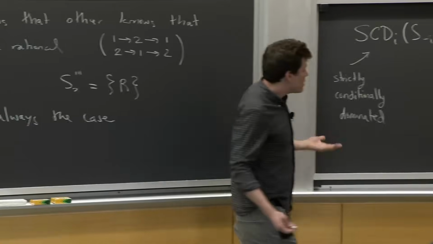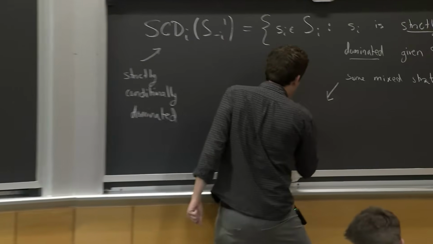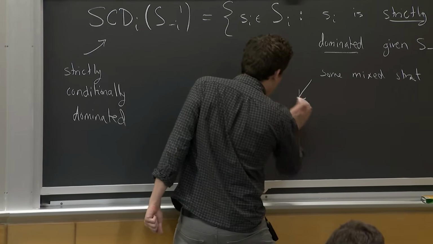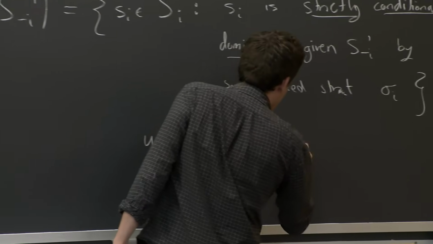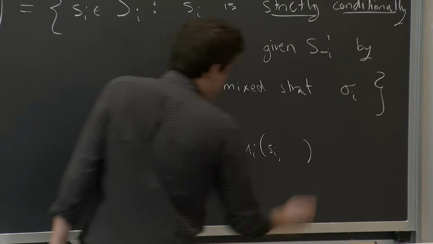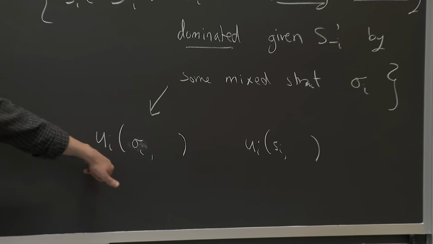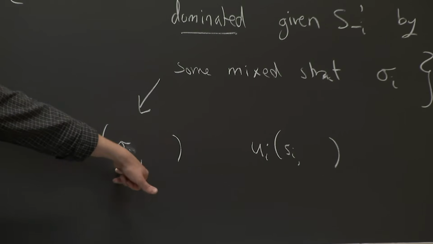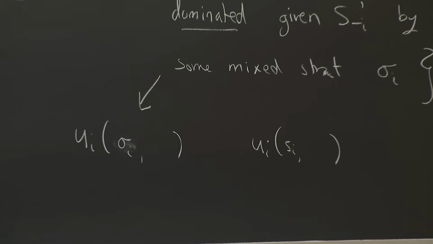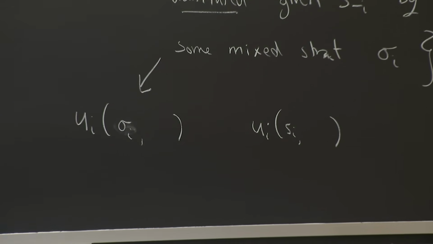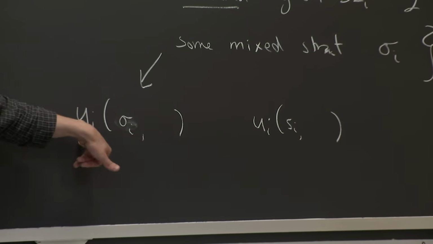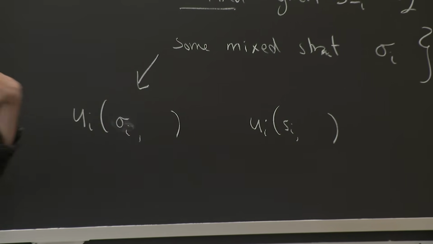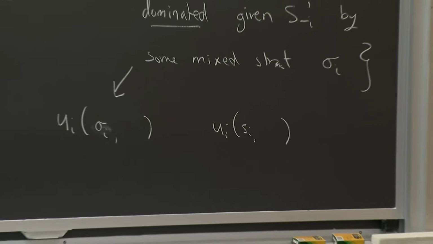So I'm comparing as player i what I get from sigma_i to what I get from s_i. And here, we're using our lowercase u's, even though what I'm plugging in is not a pure strategy but a mixed strategy. But remember, the interpretation is that this is just my expected utility over the lotteries induced by this mixed strategy.